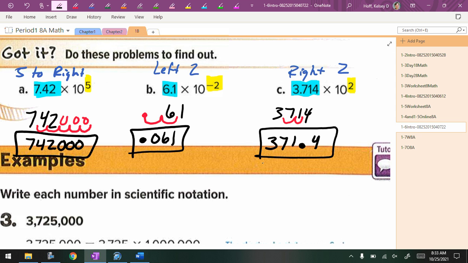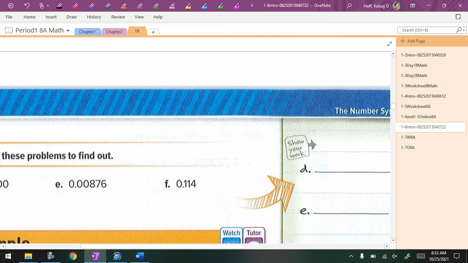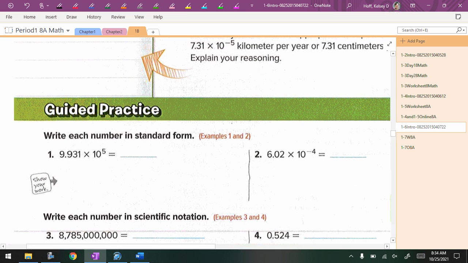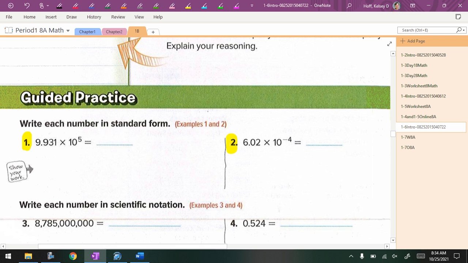Okay? I want you guys to flip to page 54 and do problem 1 and 2 on your own. Flip to page 54. That's in that guided practice. Do exactly what we just did on problem 1 and 2 on your own, and then we're going to check your work.